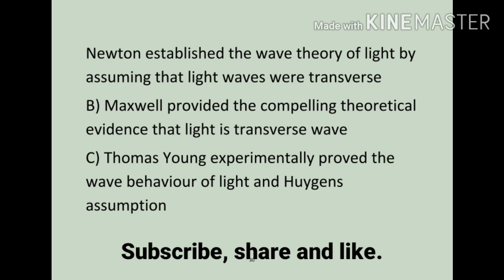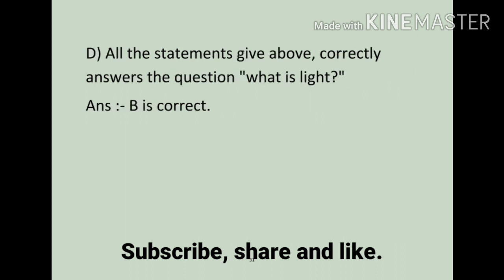And option C, Thomas Young experimentally proved the wave behavior of light and Huygens' assumption. And option D, all the statements given above correctly answer the question, what is light? So by observing the options, the correct option is taken as B.